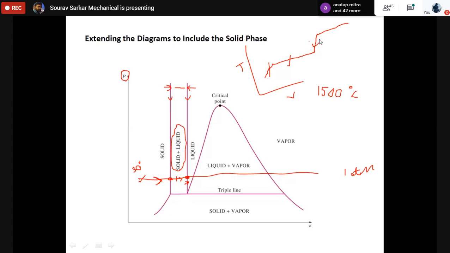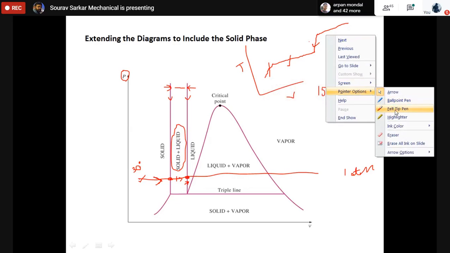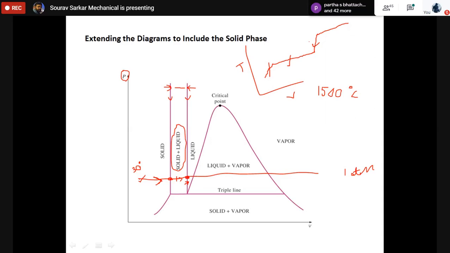And this part is basically the boiling process. So if it is at 1500 degrees Celsius and we further heat it, the liquid metal temperature will start to increase. So it will become 1700, 1800, 1900.